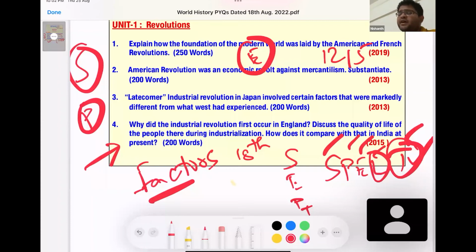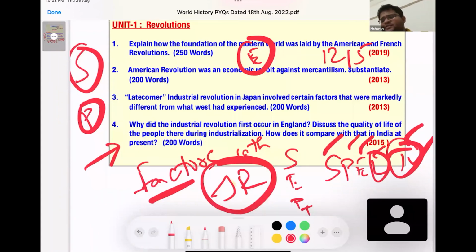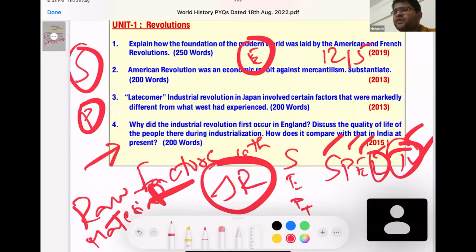And apart from that, England already had some presence in many colonies from where it could get sufficient raw material. So English traders across the world were ready to send the raw material to England. And then risk-taking entrepreneurs, loan lending banks, and they had enough markets because at that time there were some colonies in their hands.